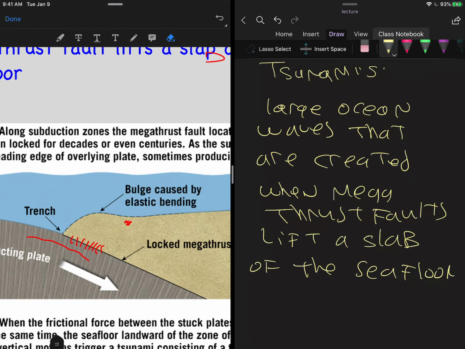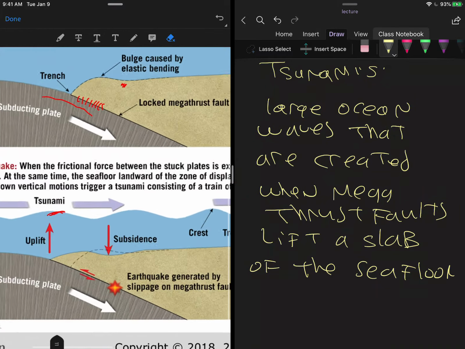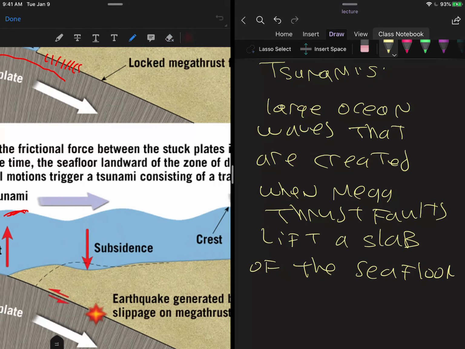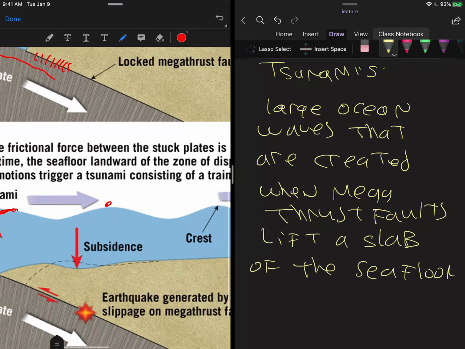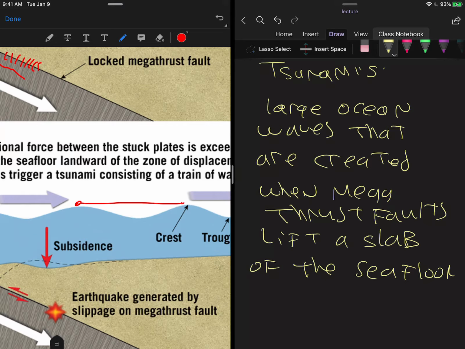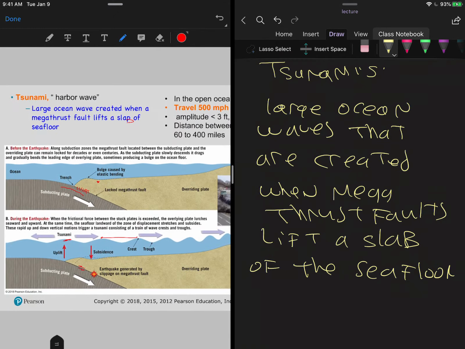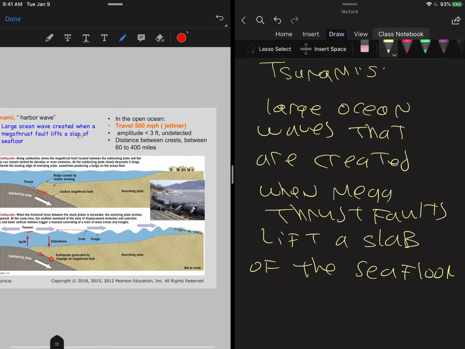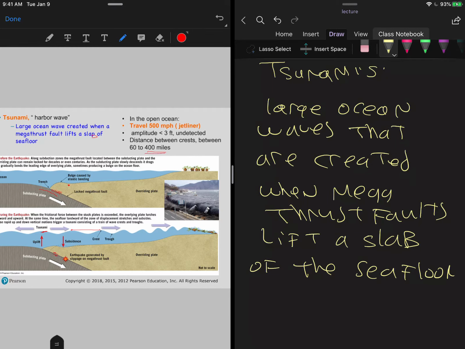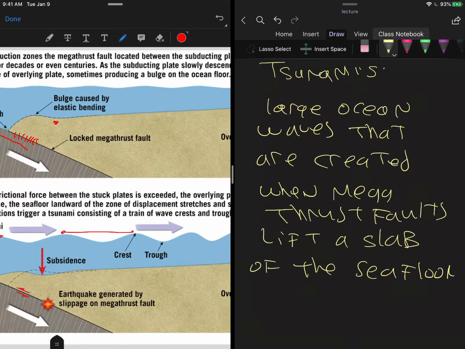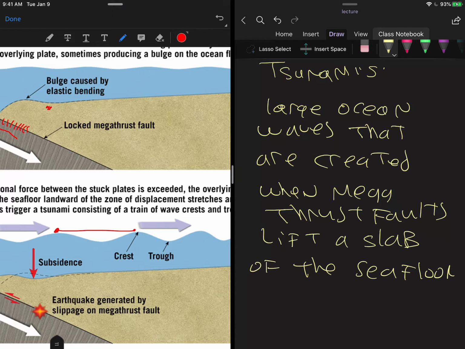The distance from the top of one wave to the top of another can be as much as 400 miles across. For you to see one wave, it's almost past what you can see across the horizon.